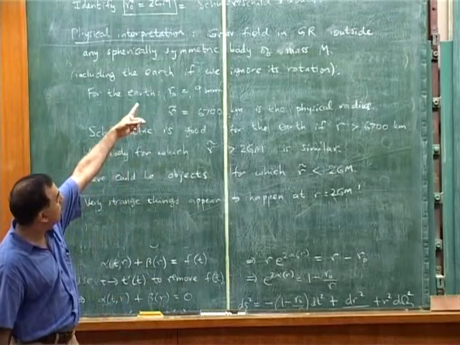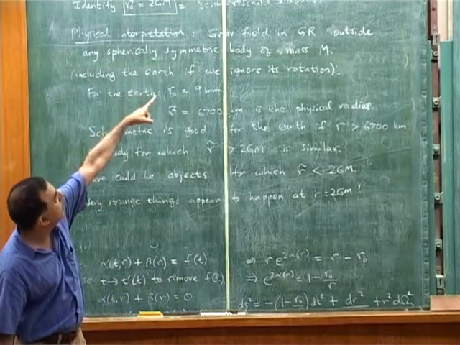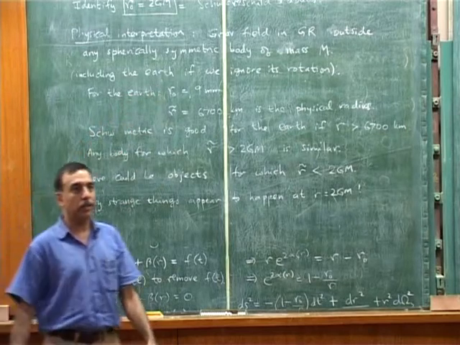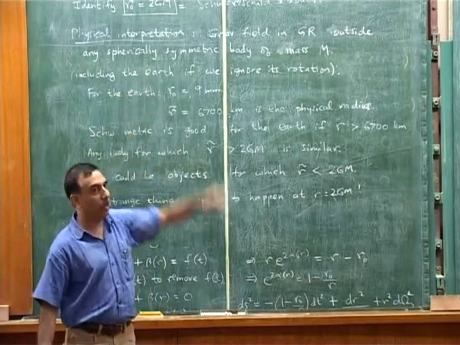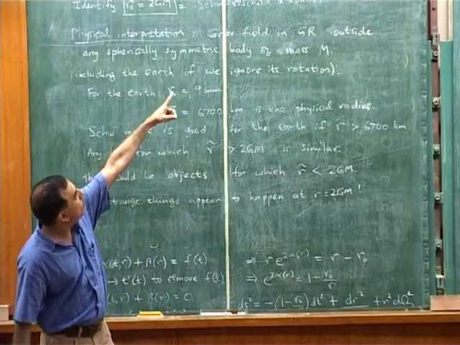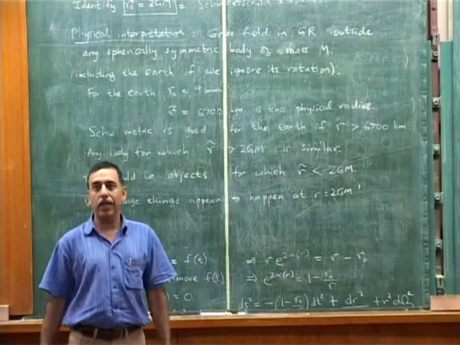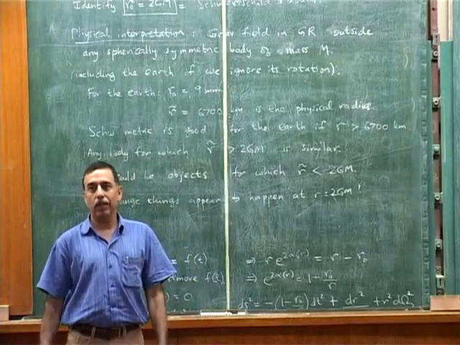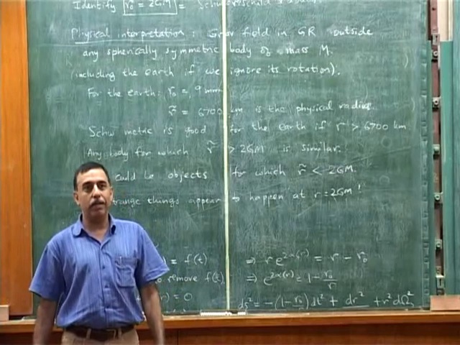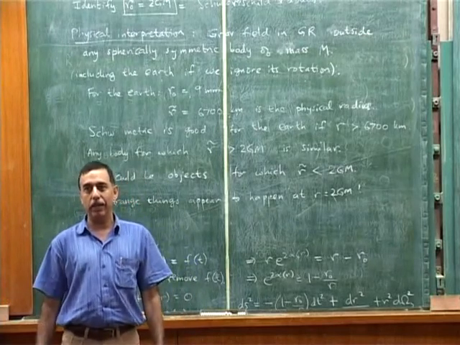However, the sign of the next term also changes. Next term is not 1 plus 2GM, but is the one above that, the exact one. Remember, this approximate solution can't be used anymore when we are near r equals 2GM. The sign of the next term also changes obligingly, so the coefficient of dr squared becomes negative. Okay. Now, when we are given a metric, it's not up to us to decide which coordinate is time and which coordinate is space.